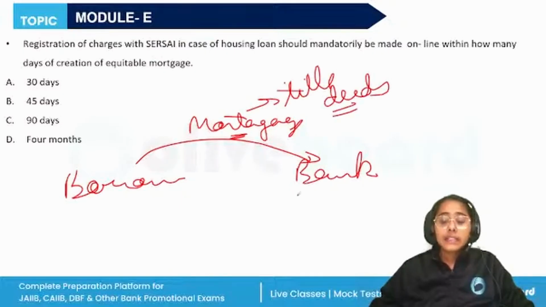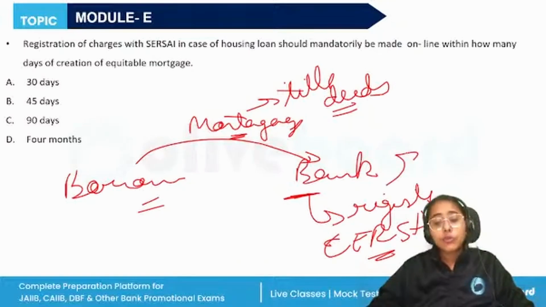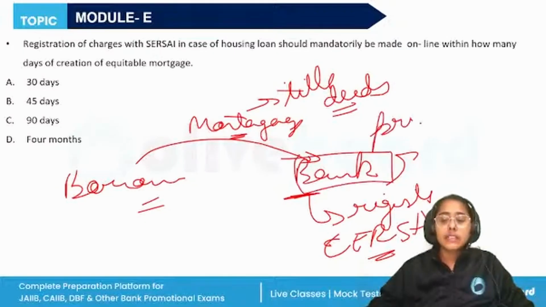The bank or the borrower has to get the charge registered with CERSAI. Why? Because if the borrower defaults on the loan and the process of securitization begins, the secured creditor will get the priority.